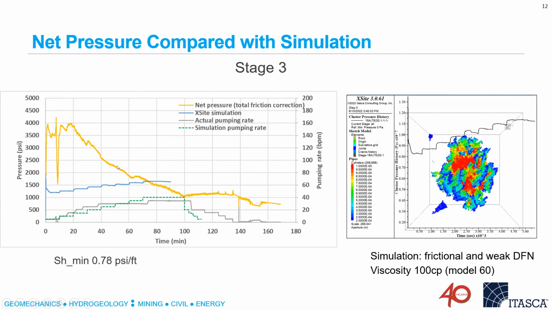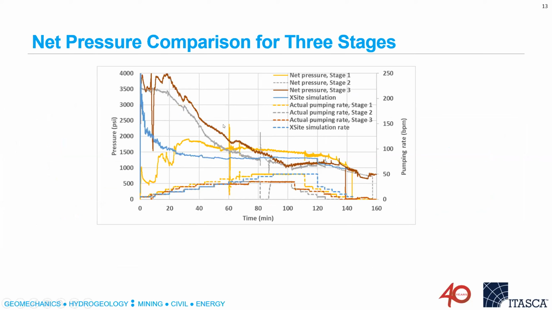So generally, in these 3 stages, I put these 3 stages together. These are all stimulation data, with a decreasing trend of the net pressure, so they all can kind of match a penny-shaped crack. But for stage 1, it is also possible that you match to the case with the friction and weak DFN.